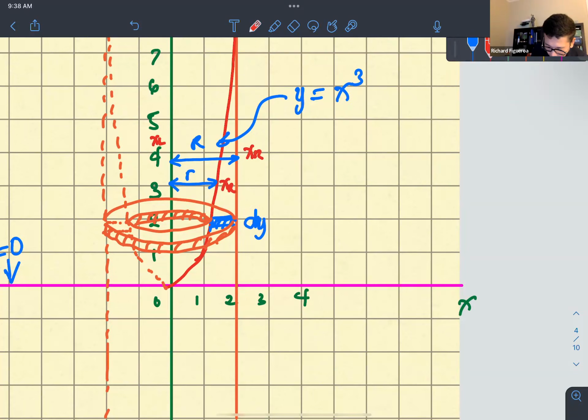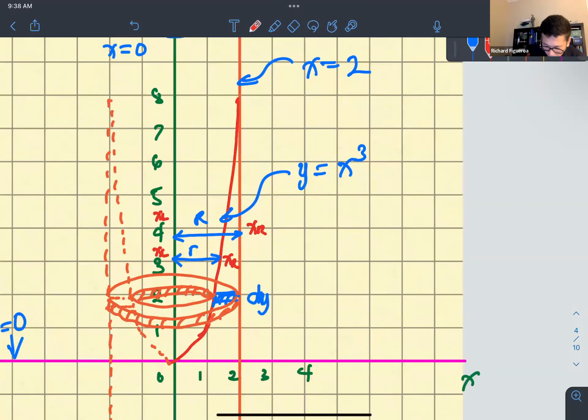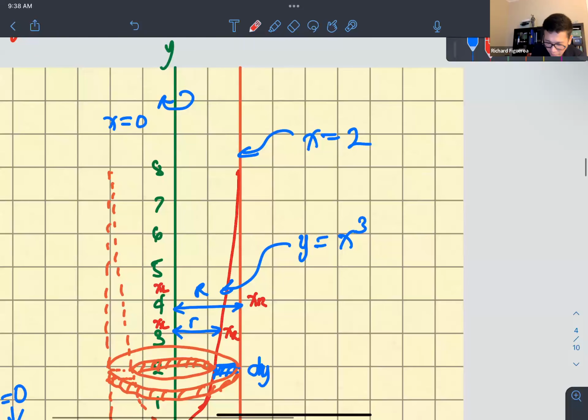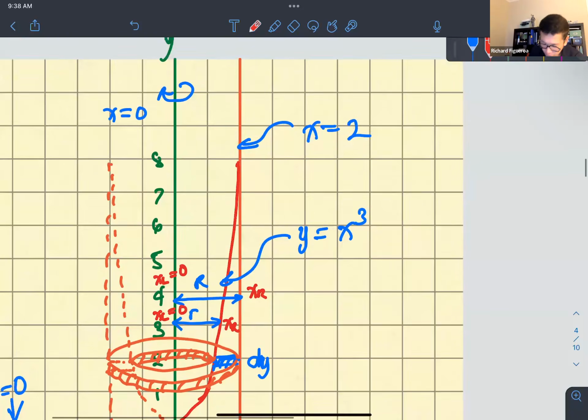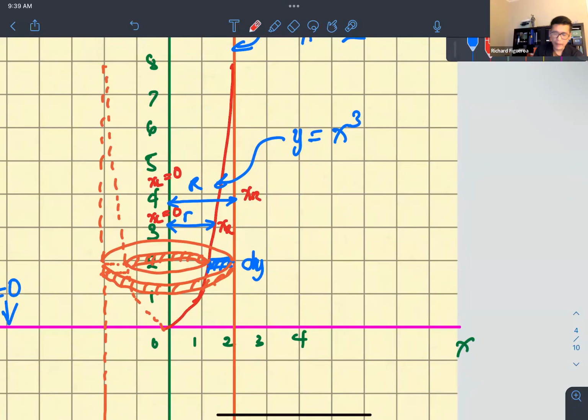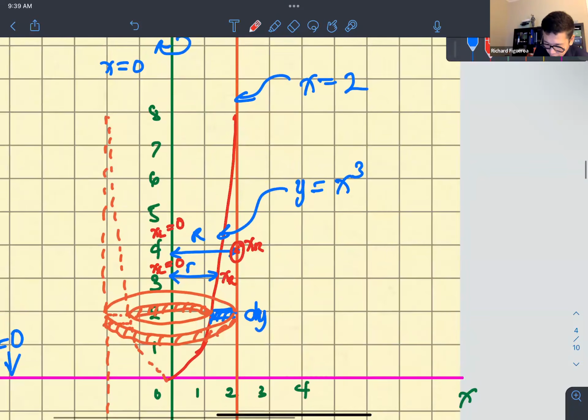So ganun din dito, XR, XL. So ang XL, saan ba nagtatouch? Doon sa y-axis. Diba? That is 0. X is equals to 0. In short, XL is equals to 0. And then yung sa outer ring naman, nagtatouch siya dito, which is yung x is equals to 2. So XR is equals to 2.